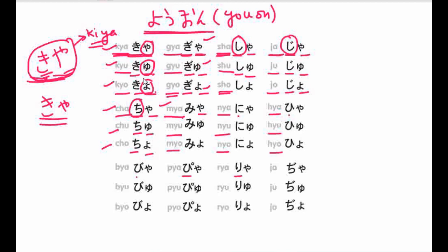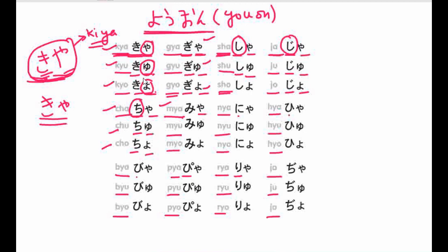Similarly, bya, byu, byo, pya, pyu, pyo, rya, ryu, ryo, and with these ji it becomes again ja, ju, jo.